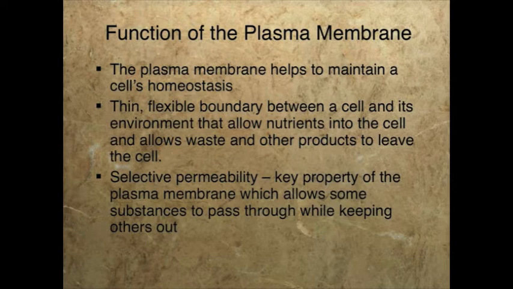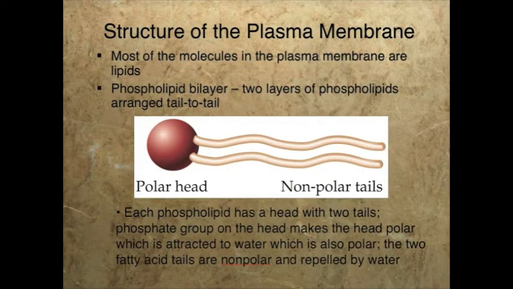All right, when we look at the structure of the plasma membrane, it is made up of lipids. There are two layers of these phospholipids that are arranged tail to tail. We're going to take a look at that arrangement in a minute, but let's just review what makes up a phospholipid.